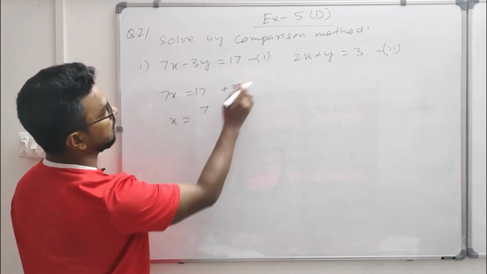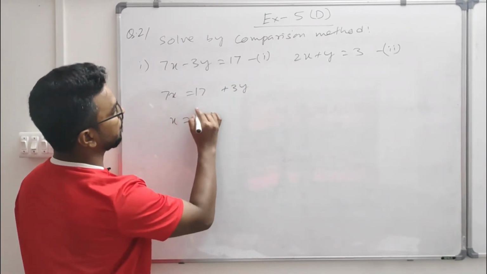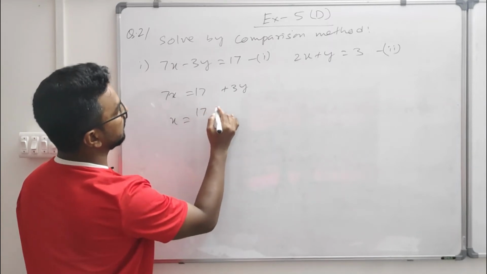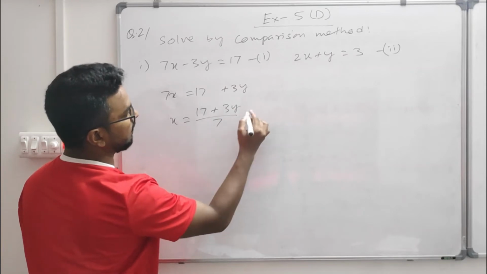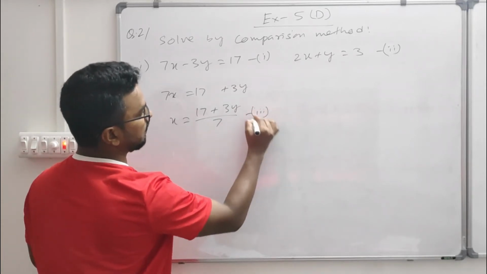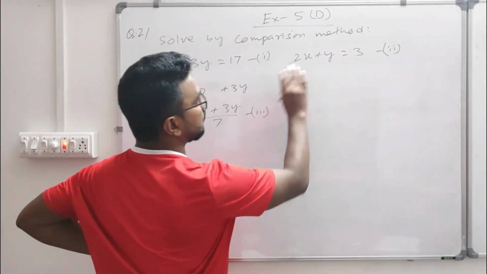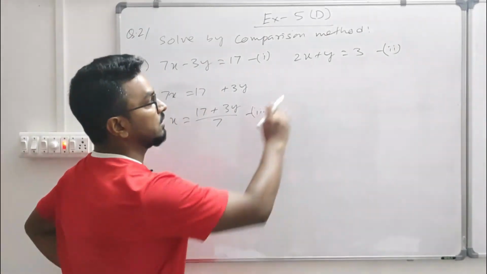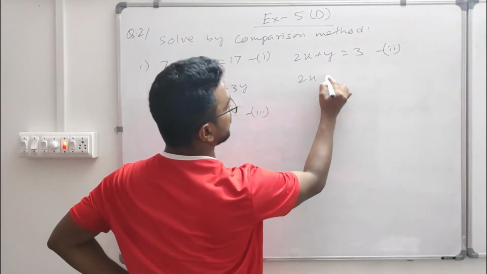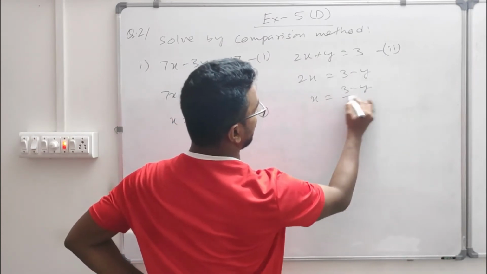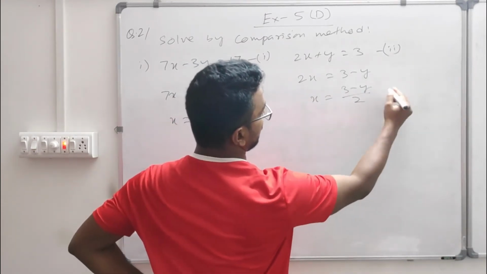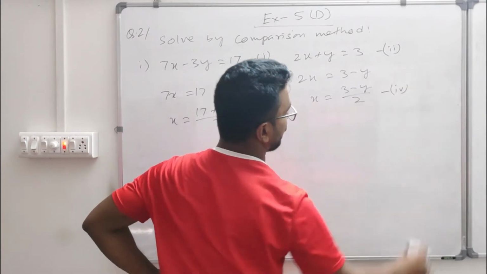So x equals 17 plus 3y divided by 7. So this will become equation number 3. Here also you have to find the value of x. So take this one to the other side, 2x equals 3 minus y. So x equals 3 minus y divided by 2. So this will become equation number 4.